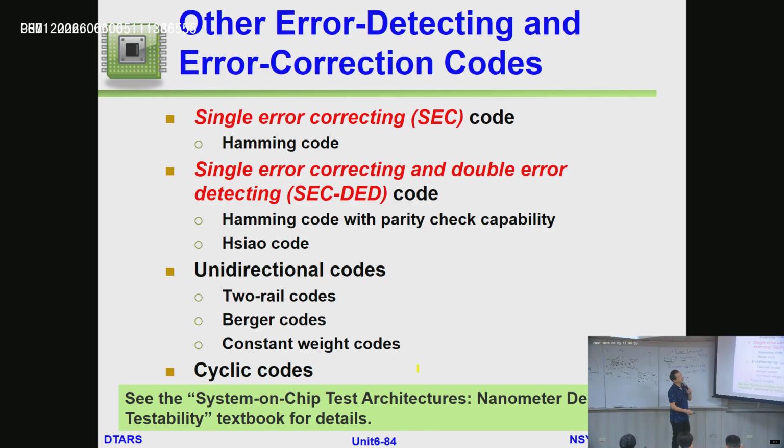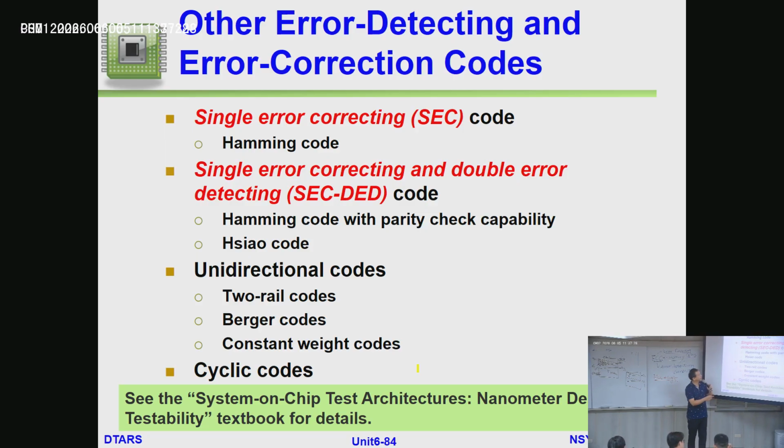It means that for this code, we can detect up to 2 errors in your stored data, but we can only correct 1 single error. So if your memory data has only 1 error, then this error can be detected and also corrected. However, if your memory data contains 2 bit errors, then this error can still be detected, but it cannot be corrected.